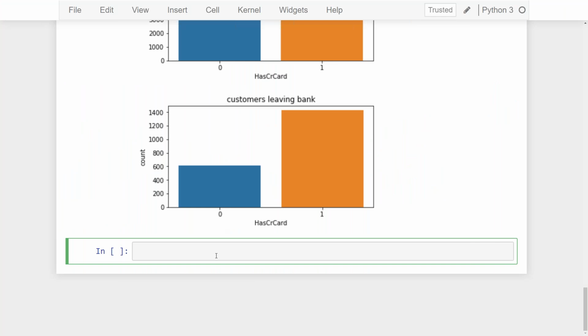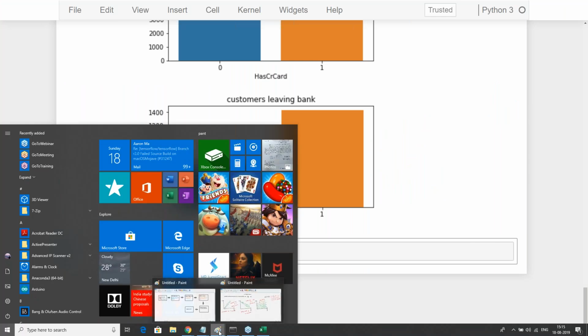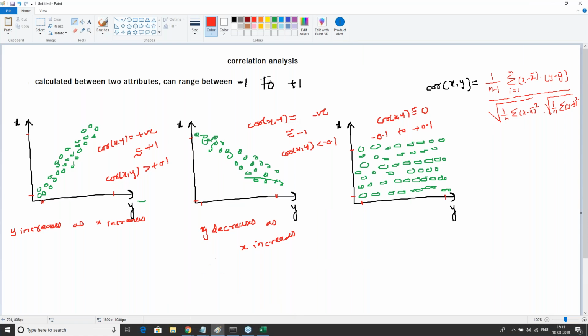There's a question: I didn't understand the graph. Well, let me try it again. Let me remove x and y here and change the place so that it'll be easy to understand.